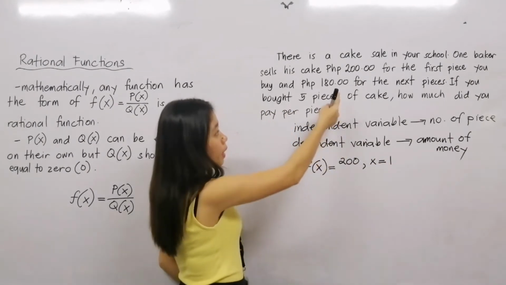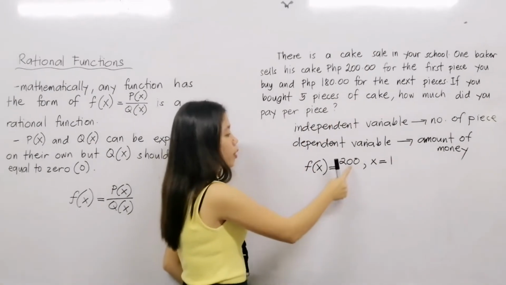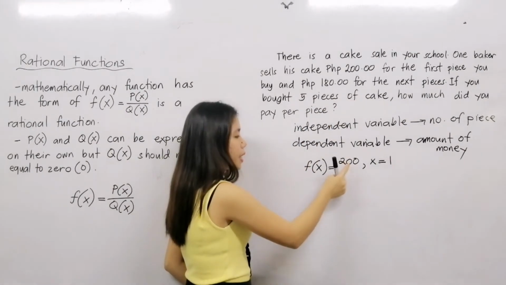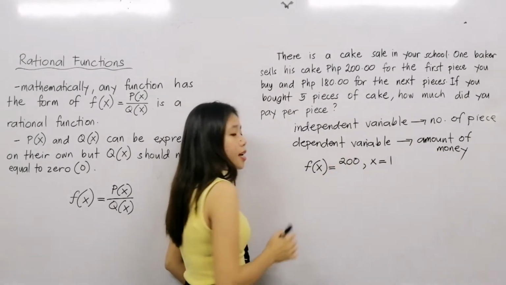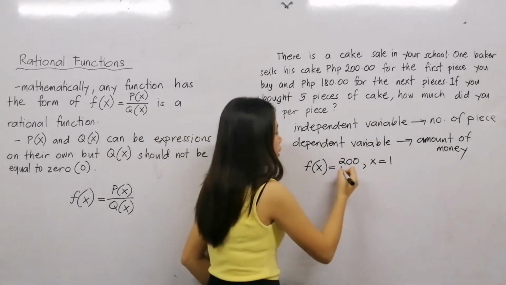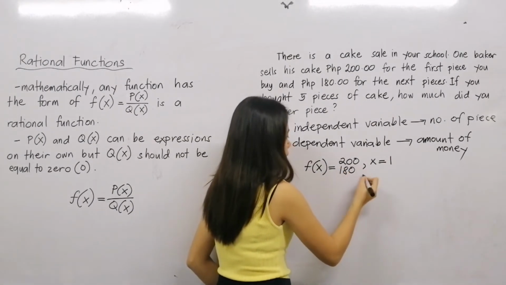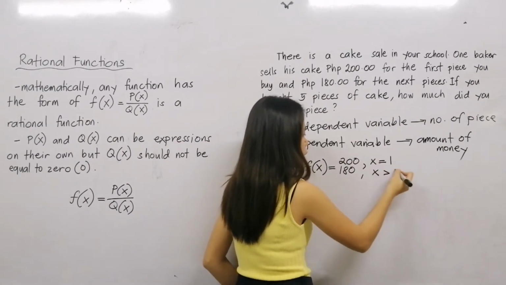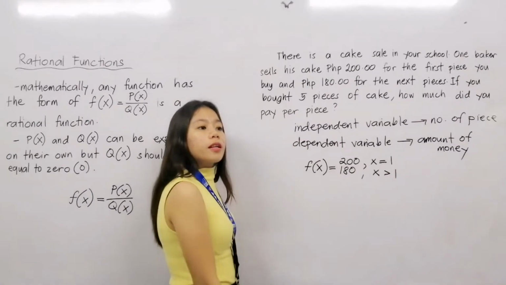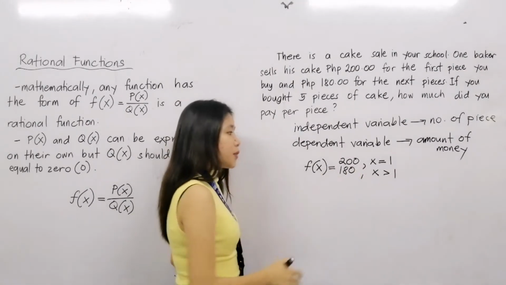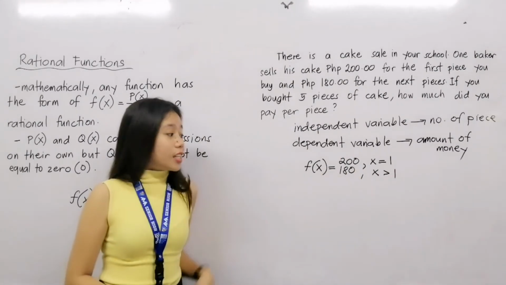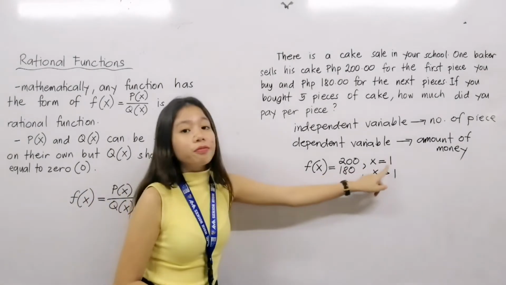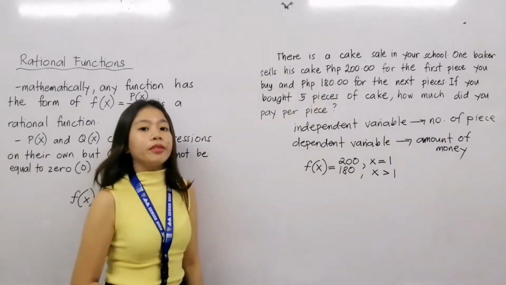Nakalagay ba sa problem? 200 pesos yung babayaran mo kapag bumili ka ng isang piraso ng cake. And you're gonna pay 180 pesos kapag nagbili ka na po ng more than 1. This is a piecewise function, and that will be our condition from the problem.